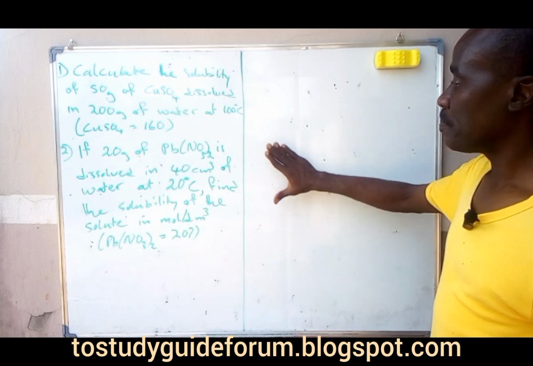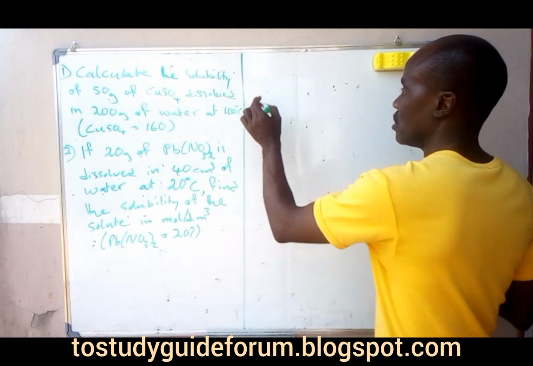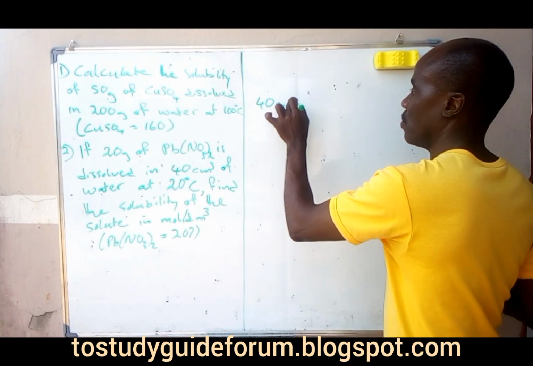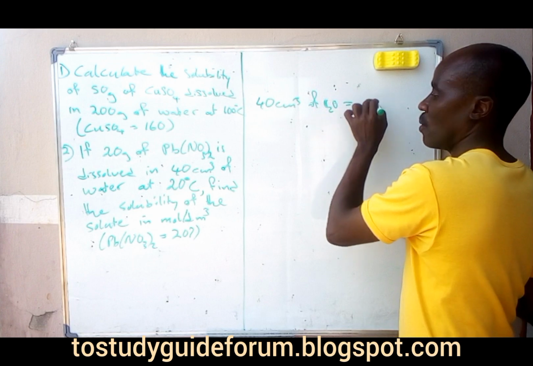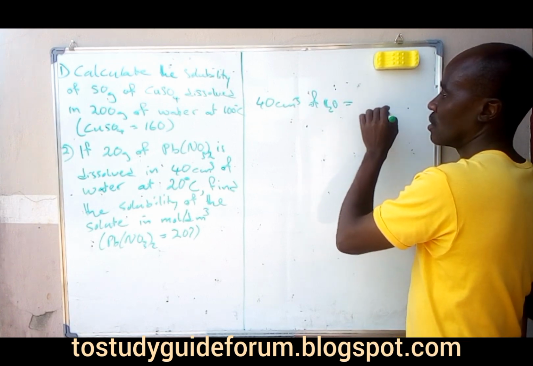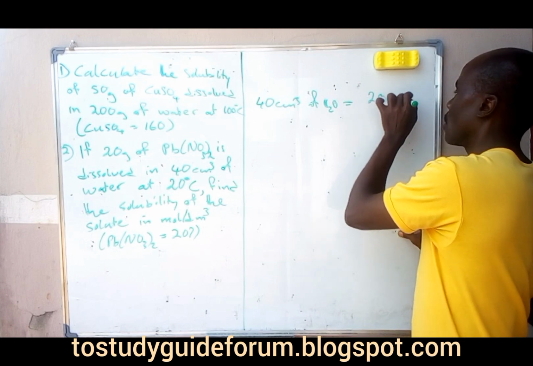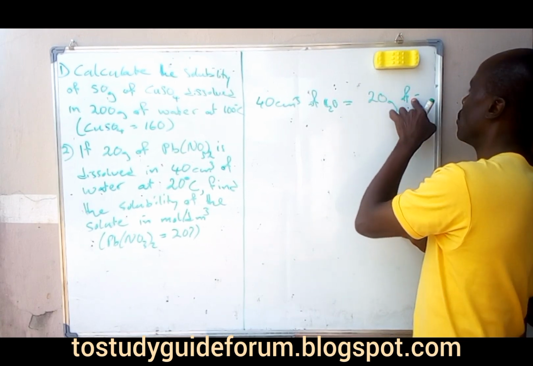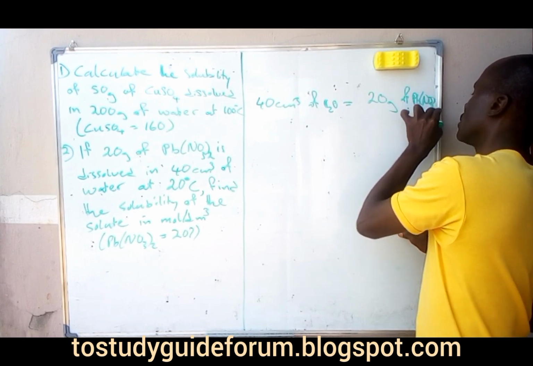So here now, let's go back to what we're talking about. In this one, we have 40 cm cube of water. We saturate 20 grams of what? Copper? No, no more copper this time, please. That's lead 2 trioxonitrate.